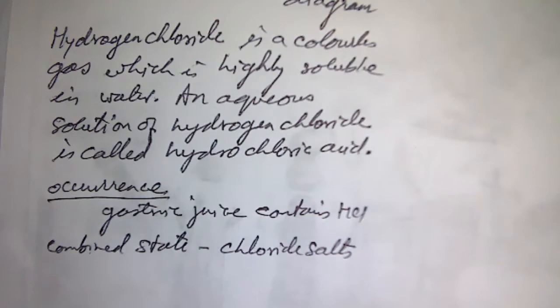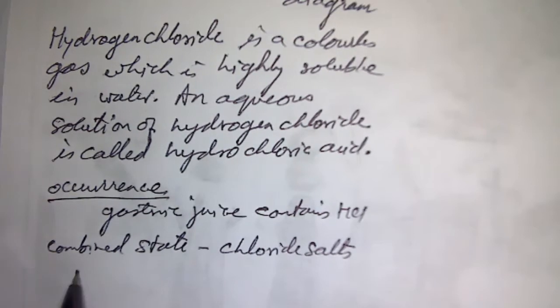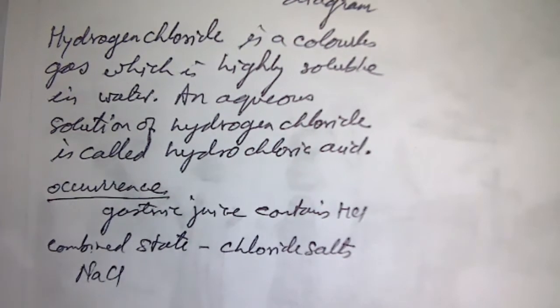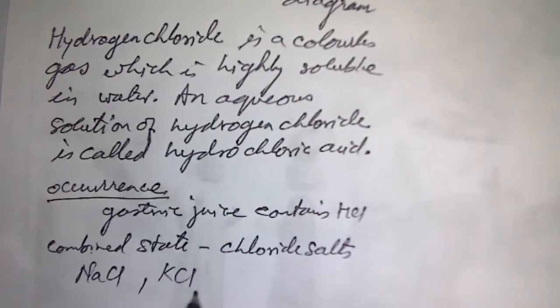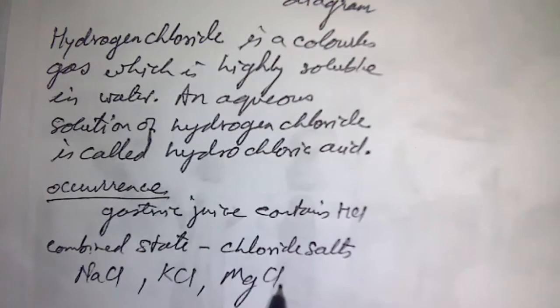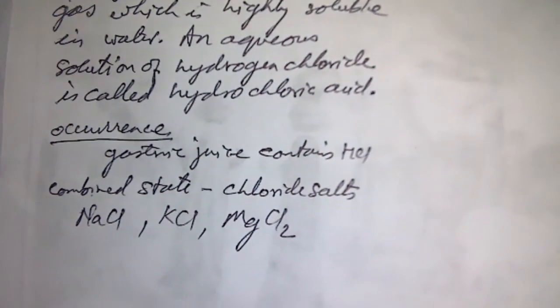So in combined state, sodium chloride, NaCl, that is your common salt, isn't it? KCl, MgCl2, these all are salts of hydrochloric acid. Is it clear? So these things are there.